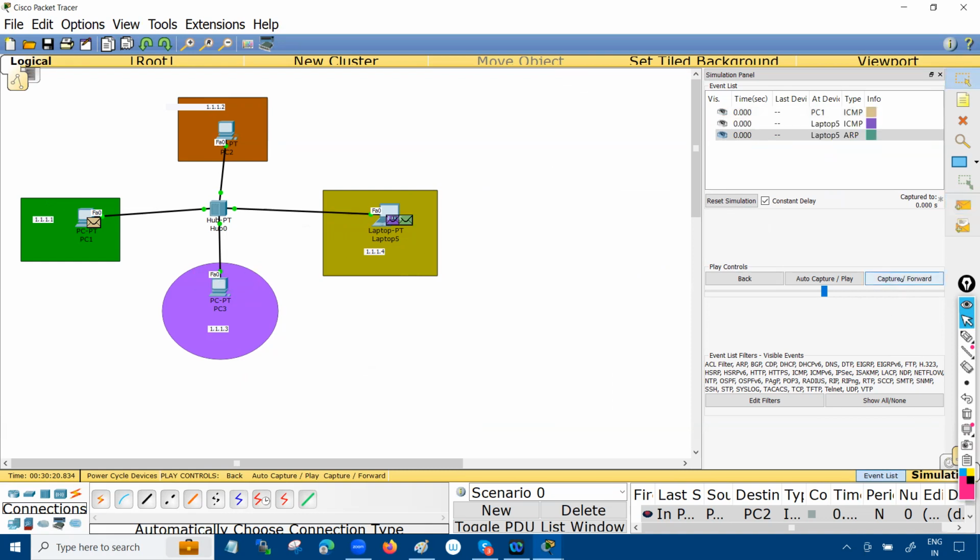Guys, pay attention right now. When I click capture and forward on this guy, he will also send the packet to this guy. When the packet comes to the hub from both directions, the packets will collide. See.